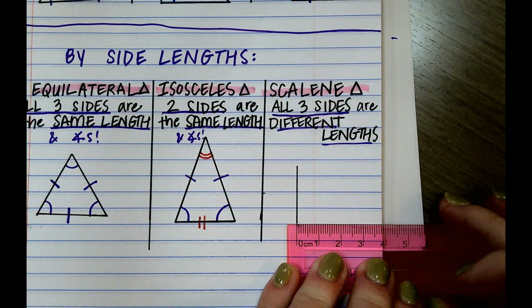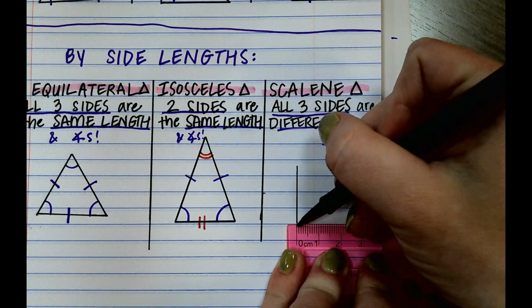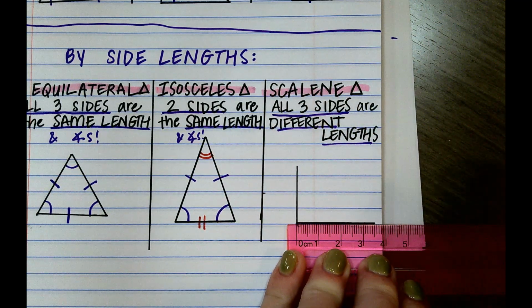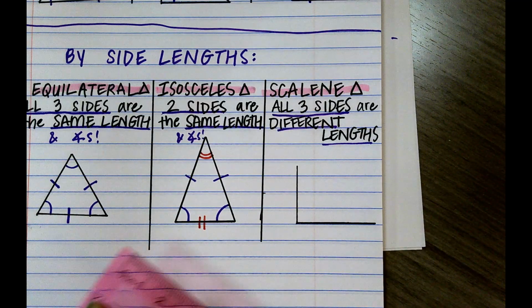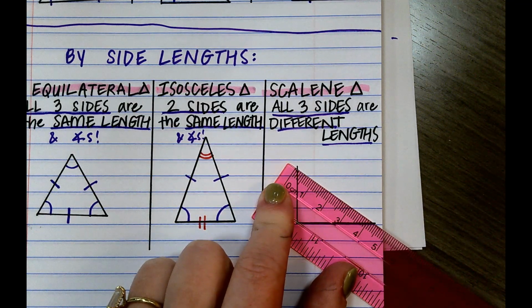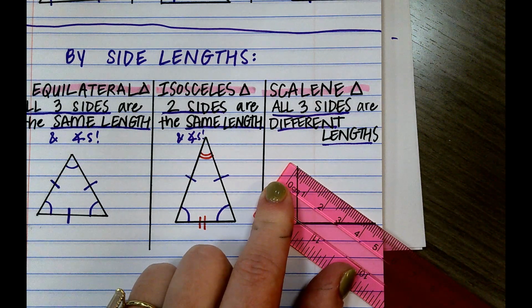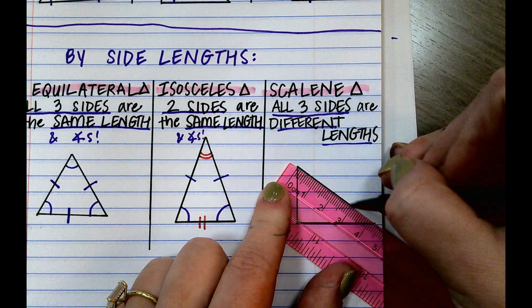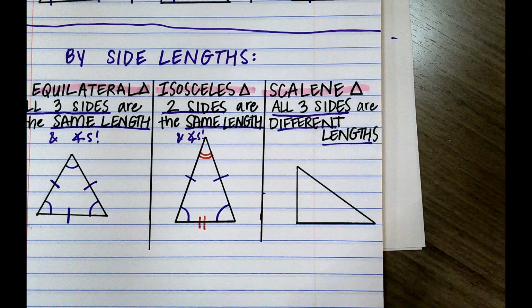I'll make the second one 3.5 centimeters. And then we'll see that when we connect those 2 lines, the third side is more than that. It's about 4 1/4 centimeters. So they're all different.